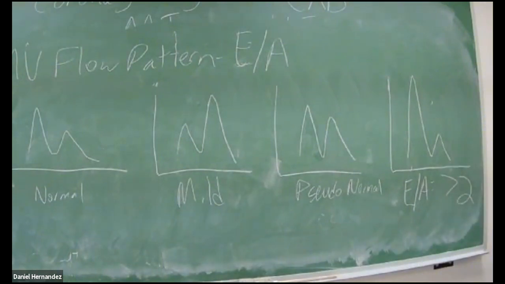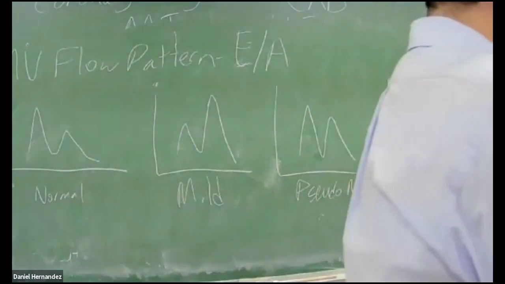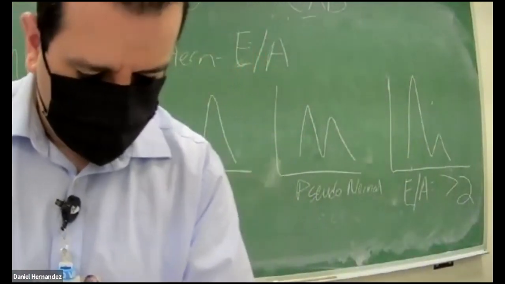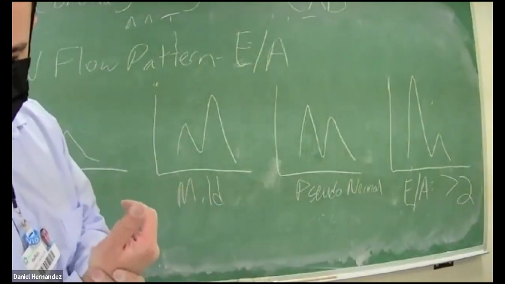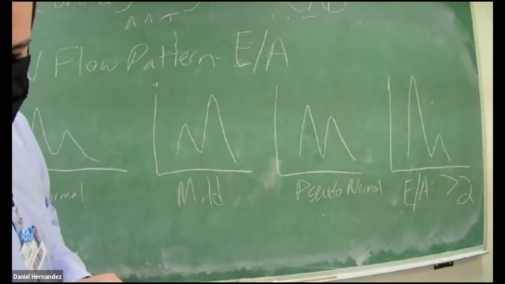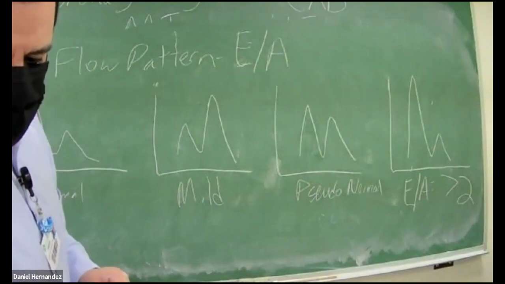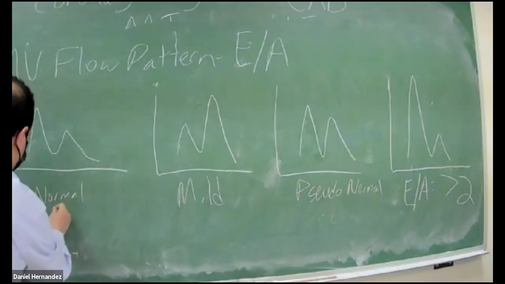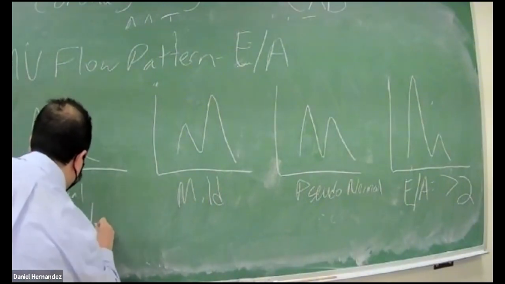Oh, nice chart. All right, so with our E to A ratio, normal is 0.8 to 1.5.